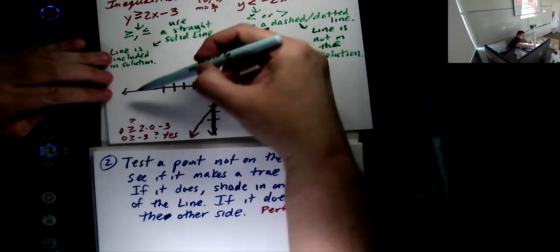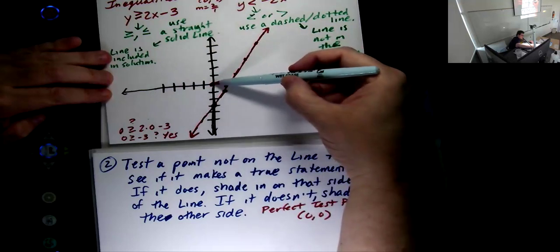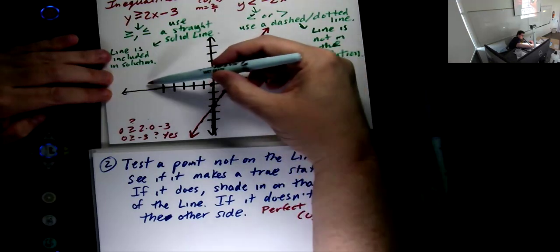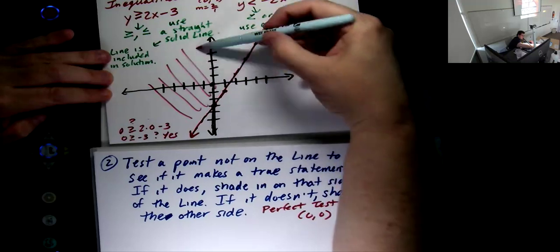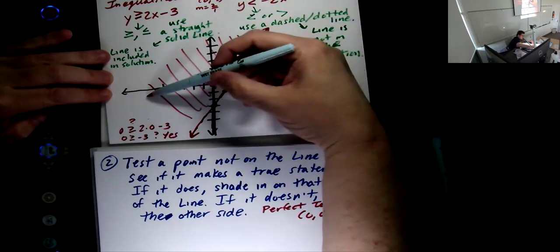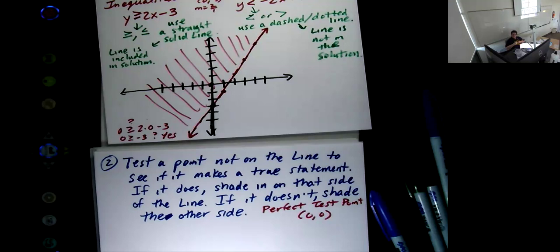So 0, 0 is on this side of the line. I'm going to shade over here. And that's just a convenient way of shading it.